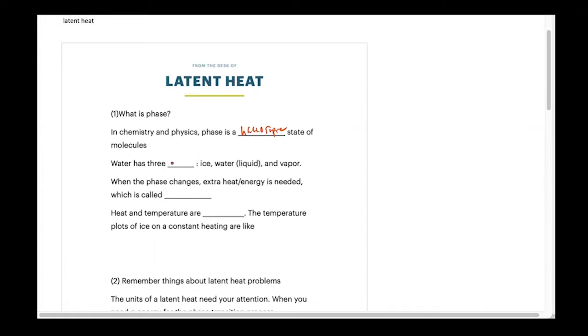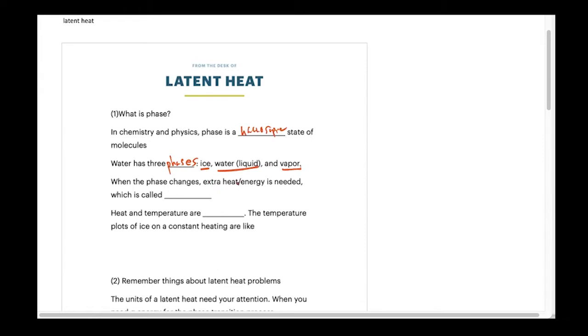So you can say that water has 3 phases. That's how you use the word phase, which is ice, liquid water, and vapor. If you think about the water, these 3 are the same molecule, but macroscopically, these are different phases.